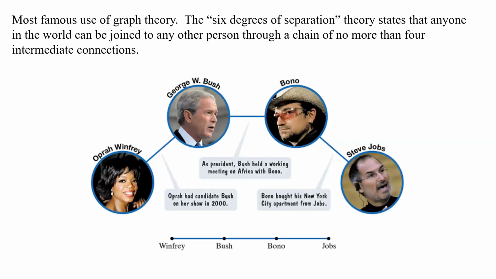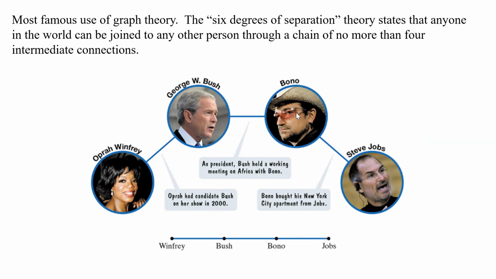Now, the most famous use of graph theory is the 6 degrees of separation, basically stating that anyone in the world can be joined to any other person through a chain of no more than 4 intermediate connections. So, for example, here we only have 2 intermediate connections connecting Oprah Winfrey with Steve Jobs. Oprah Winfrey is connected to George Bush because Oprah had candidate Bush on her show in 2000.